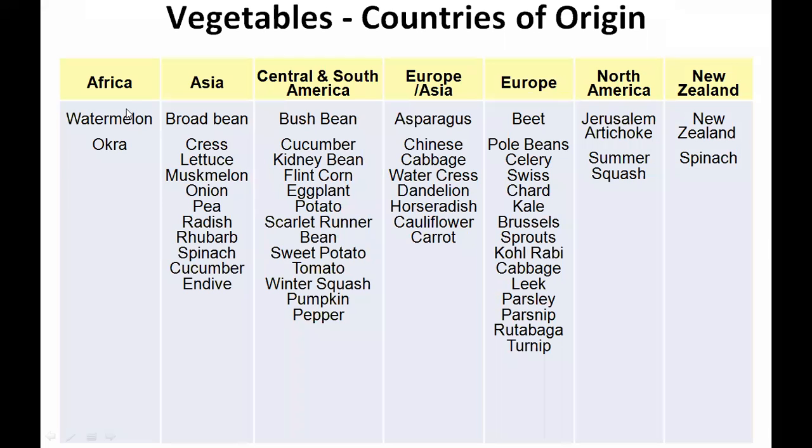This is still based on yung mga nakalat ng mga interviews and so on, no? Mga stories which were found. Like for example, watermelon and okra came from Africa, and ito yung mga came from Asia, Central, South and America, Europe, Asia, Europe, and North America and New Zealand.